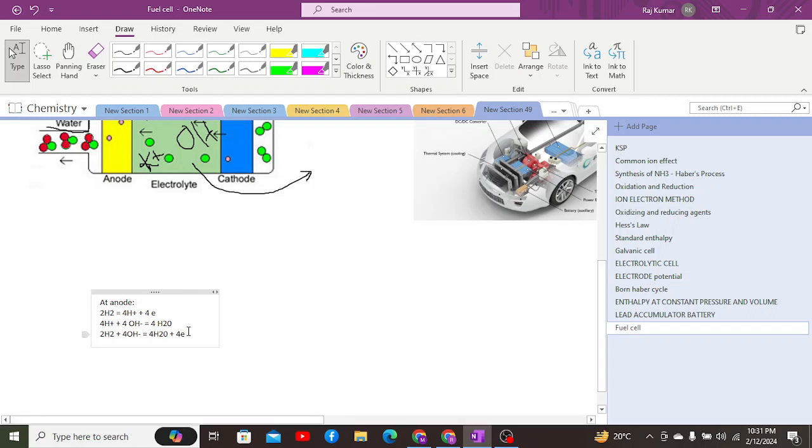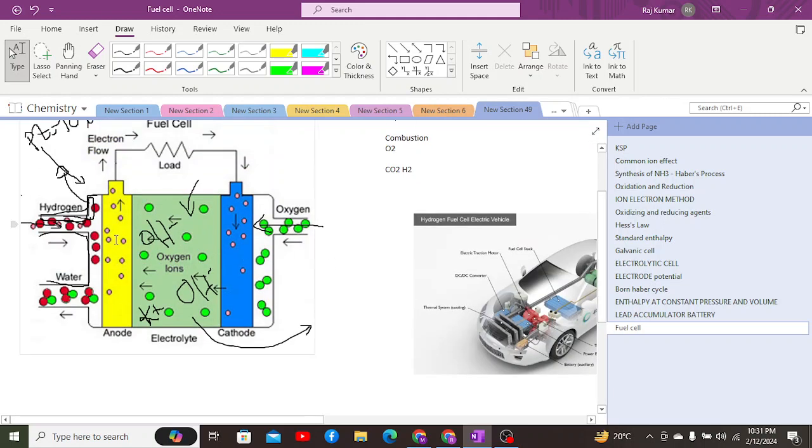Now we are not going to write the 4 electrons over here, because these 4 electrons will be transferred from the anode to the cathode through the external circuit which is connected.